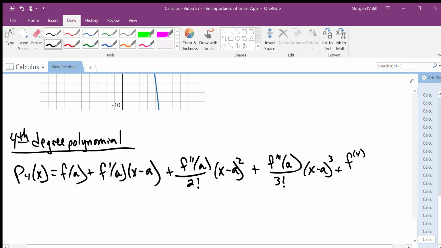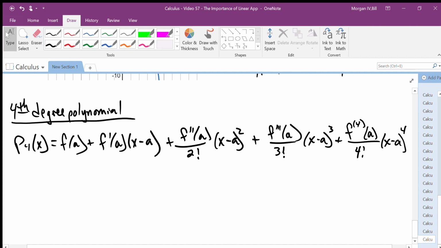You lose track of how many primes you have, and we use this number 4 in parentheses to represent the fourth derivative at a over 4 factorial times x minus a to the fourth. Okay, 4 factorial, that's 4 times 3 times 2 times 1, that's 12 times 2 is 24. Okay, plus, let's keep going.